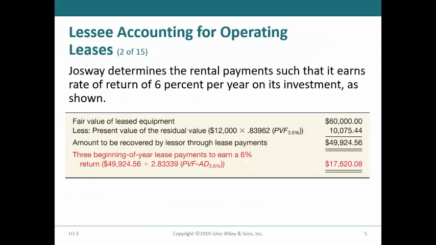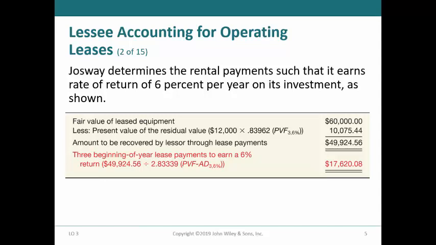Joss Way, the lessor, determines the lease payment so that it can earn a rate of return of 6% per year. They begin with the fair market value of $60,000 and subtract the present value of the residual value of $12,000, which is $10,075.44, based on 3 years and 6% interest.